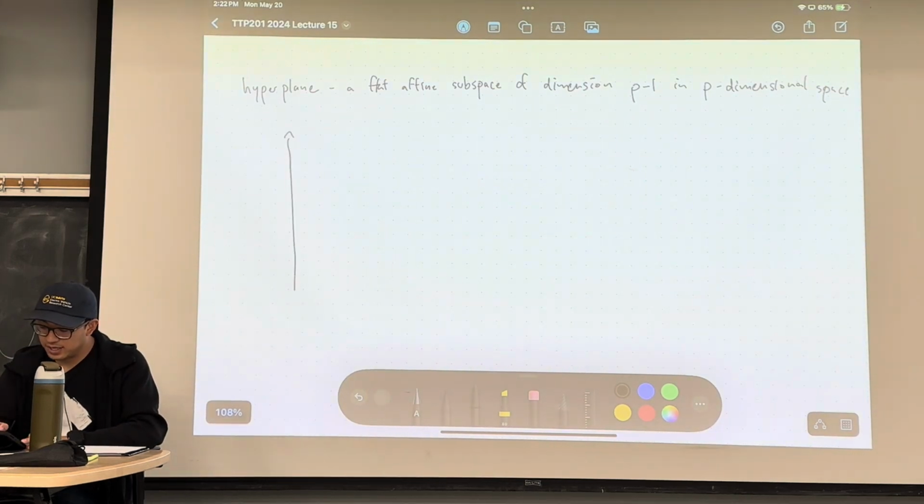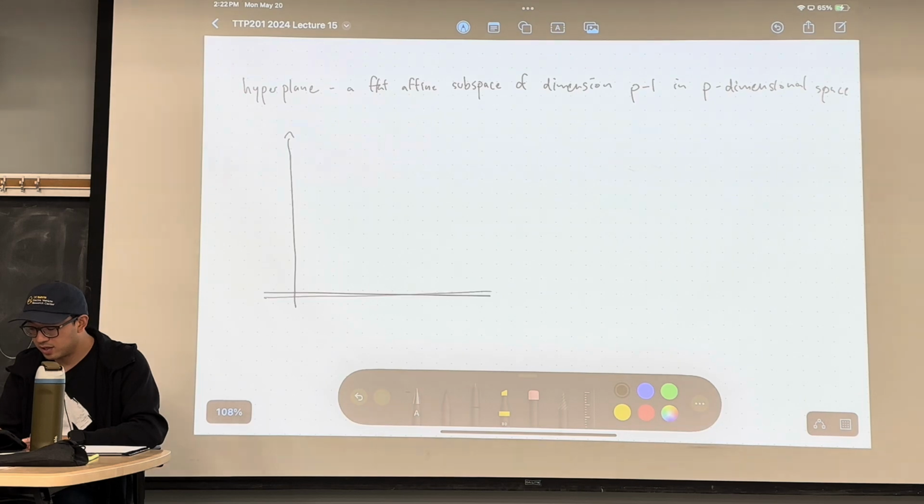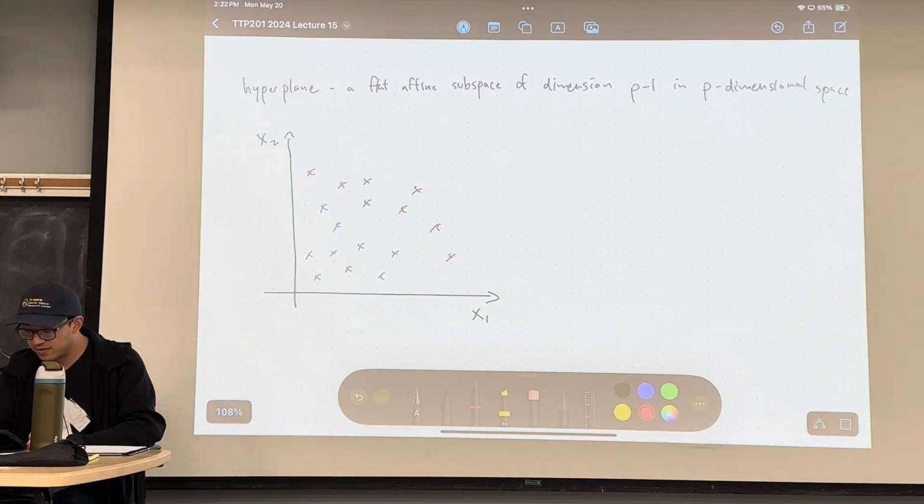Let's say we are operating in 2D space, and we have an x1 and an x2, and you have a bunch of points like so.